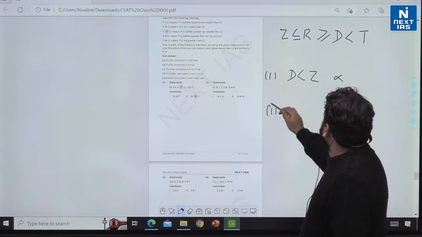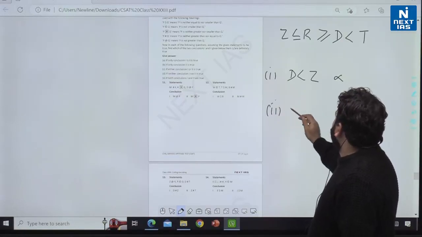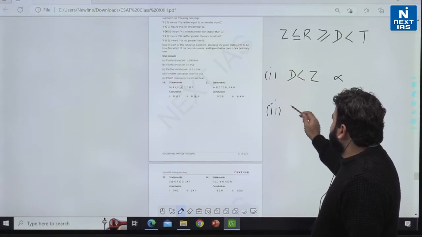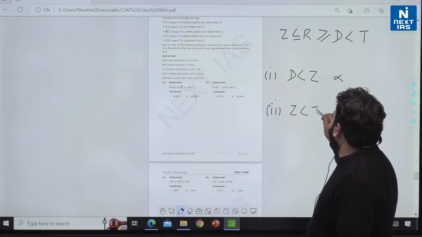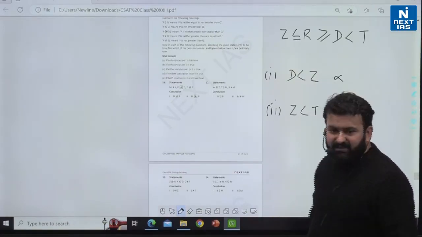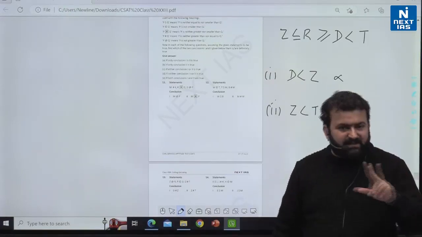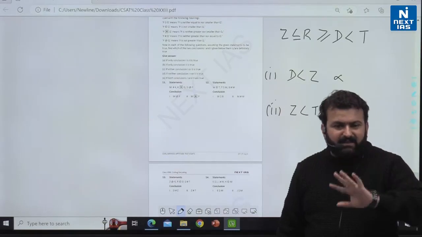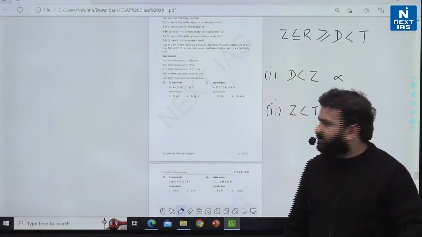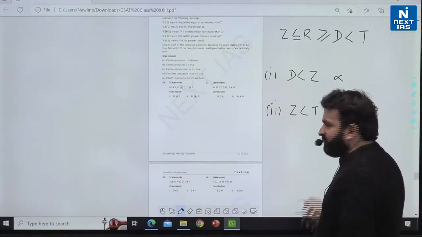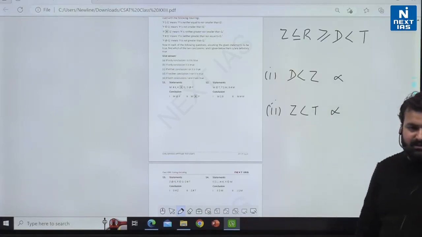Second, Z hashtag T, that is Z is less than T. Again between Z and T, can you conclude anything? No. Always remember, if you get opposite direction symbols in the middle, then no conclusion you can draw. Is it clear? So first and second both are wrong.